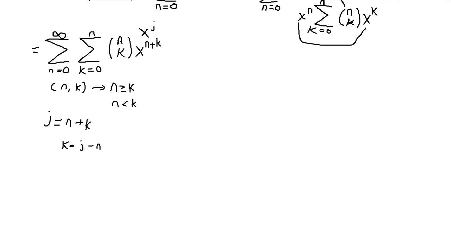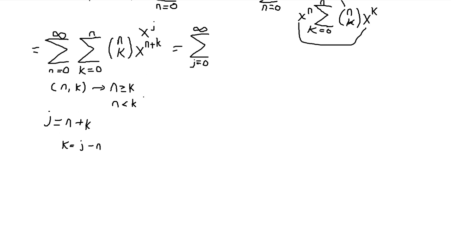But now, what will our coefficient be? We basically want one sum in terms of j. The smallest j can be is 0, because n and k can both be equal to 0. But j can go to infinity as a higher bound.